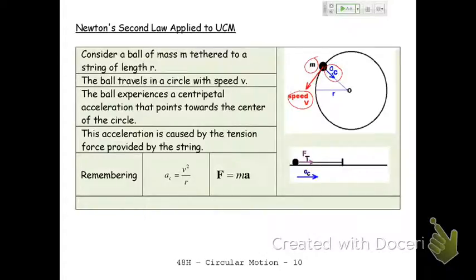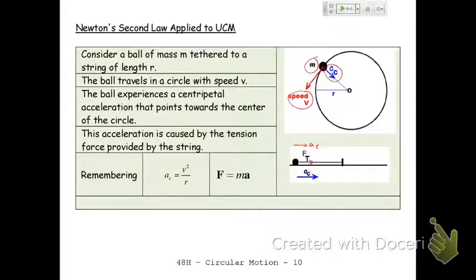Just Newton's second law. You're going to say, well, let's look from the side. And I want you to, you don't have to, but I think it's easier if you always draw your mass over to the left-hand side. Because that then means that your tension force in this case is pointing in a positive direction, as is your centripetal acceleration.